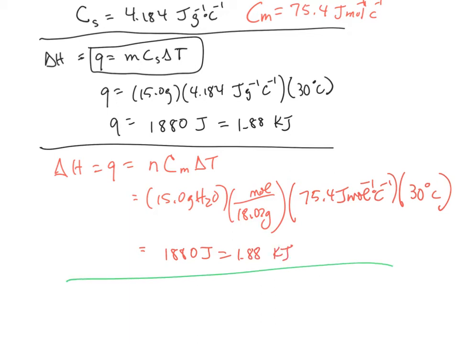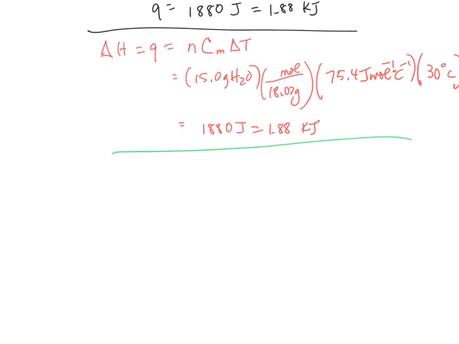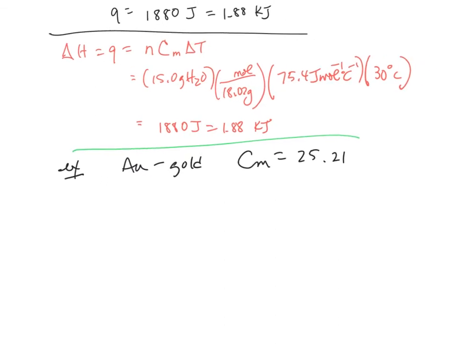All right, now we want to do a similar calculation for gold. That's the second example there. Using gold, we have the molar heat capacity for gold as 25.21 joules per mole.